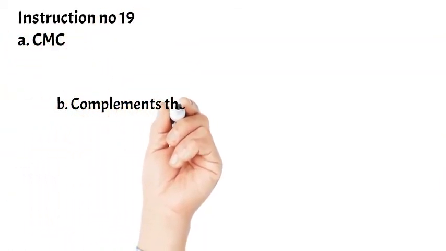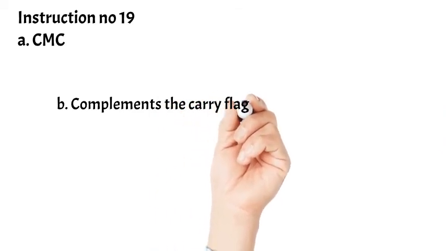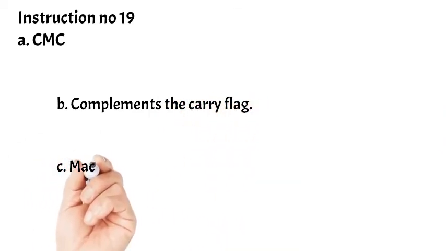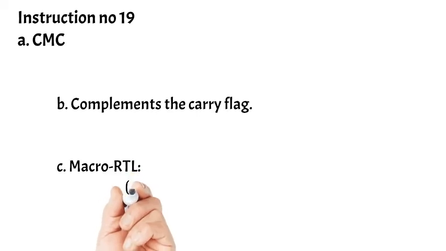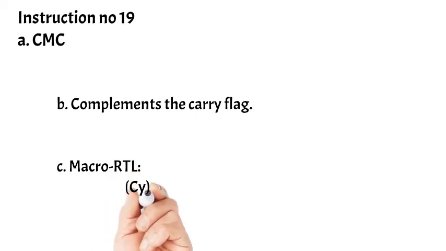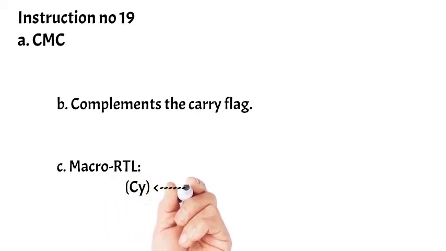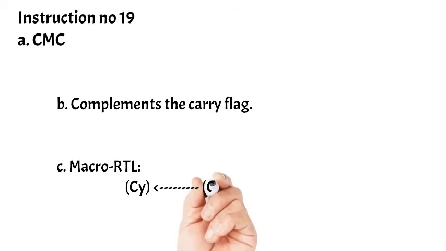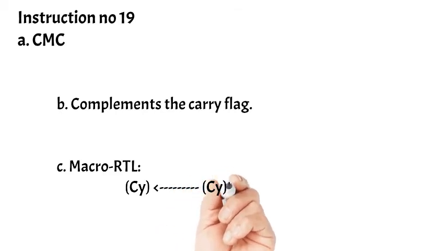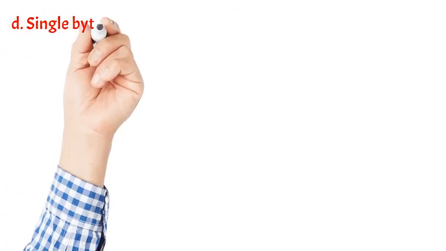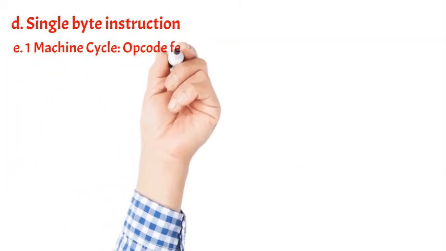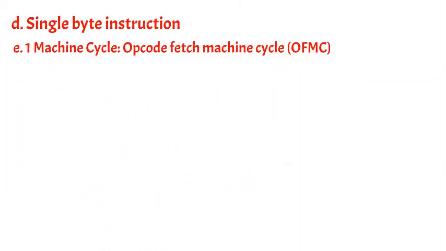If the value of the carry flag was 1, it will make it equal to 0, or if the value of the carry flag was 0, it will make it equal to 1. The other properties of the system will remain the same, and as far as the flag status goes, it complements the carry flag, so only the carry flag is affected.